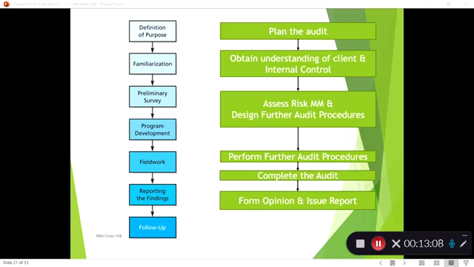Preliminary survey is doing risk assessment, where you're assessing the risk of material misstatement. Program development is designing further audit procedures. The field work is actually performing those audit procedures, completing the audit, and reporting the findings is essentially the step where we're forming the opinion and issuing the report.